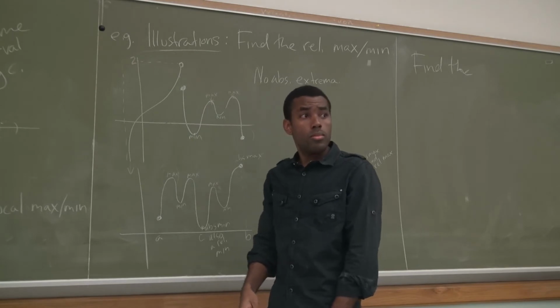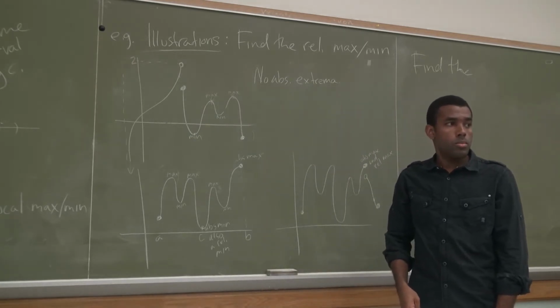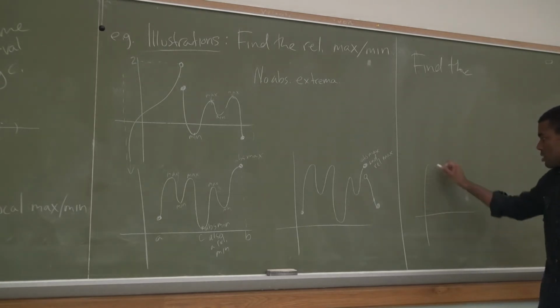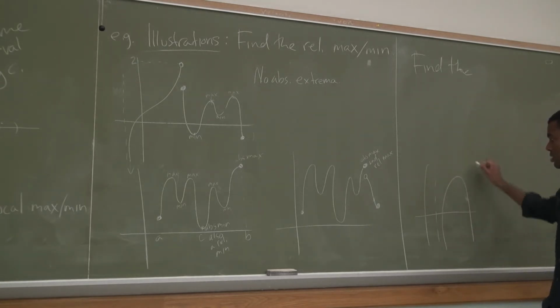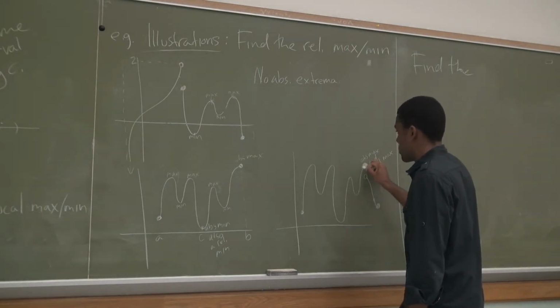Would there be an absolute maximum if there's two absolutes and it's like this? You mean like this? Yes, this is the absolute maximum here. There's no absolute minimum. Is this also a relative maximum?